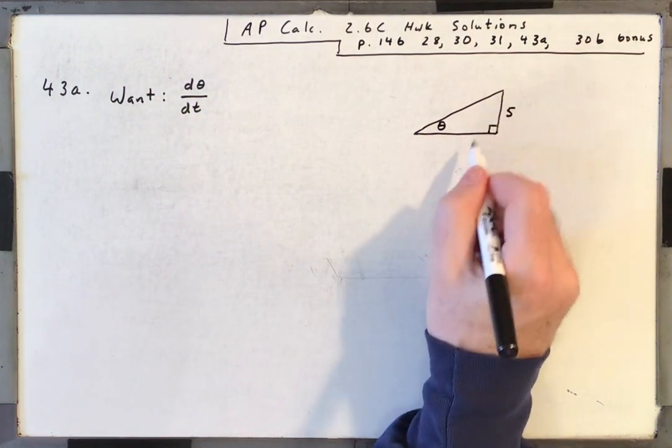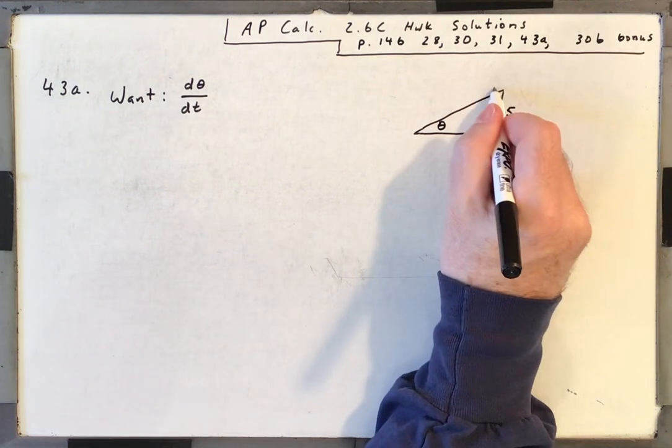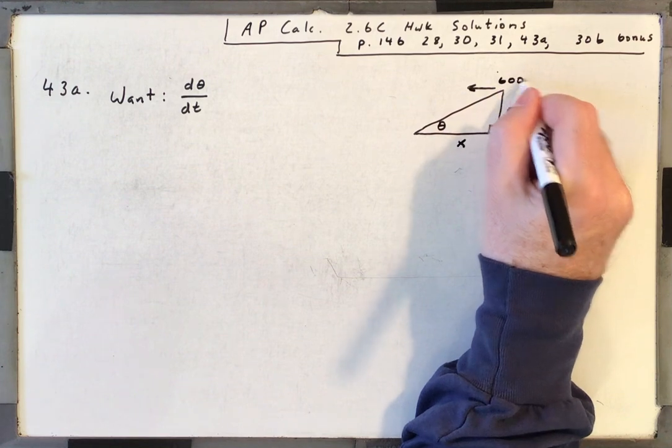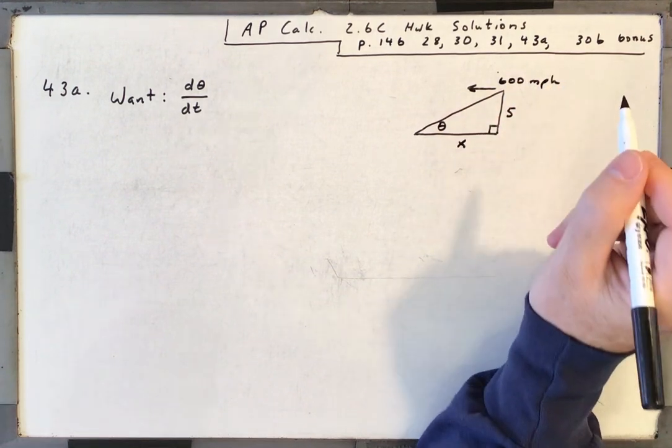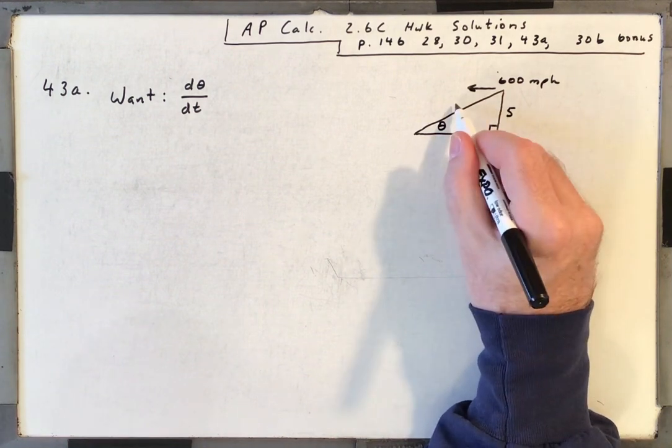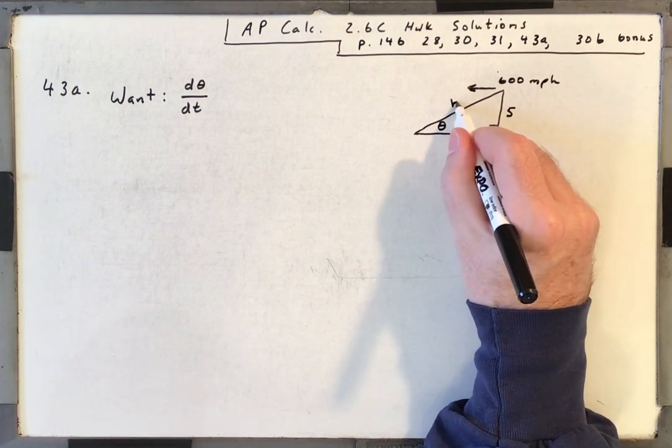So the plane, we'll call this x, is moving this way at 600 miles per hour. And we're probably going to need a letter for the hypotenuse, so I'm just going to call that h.